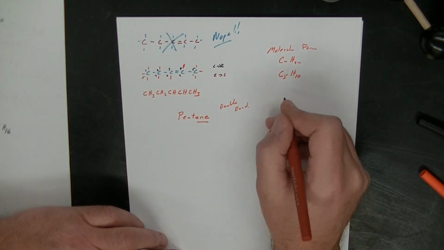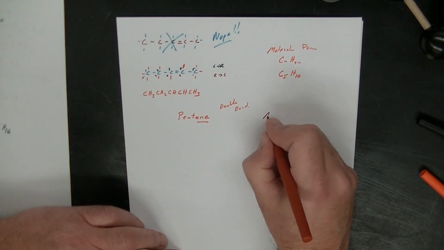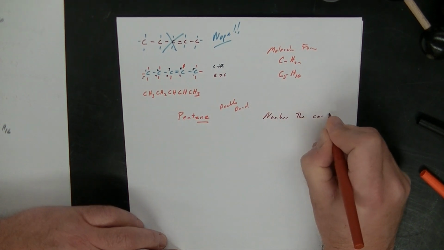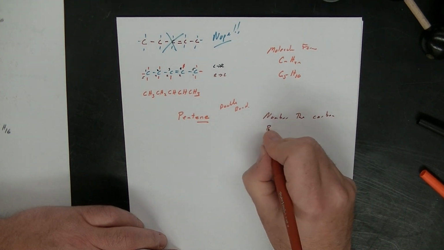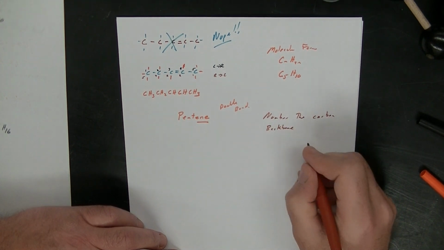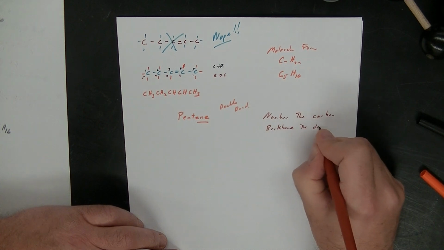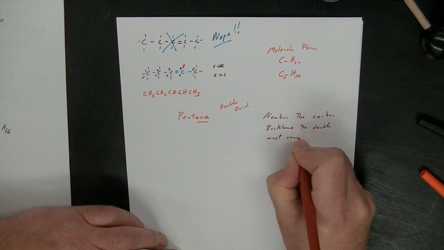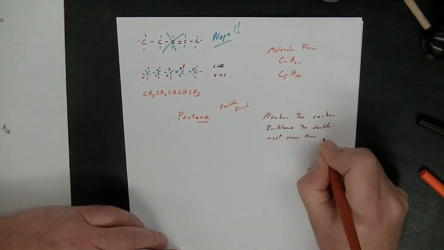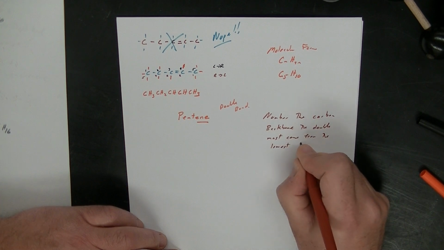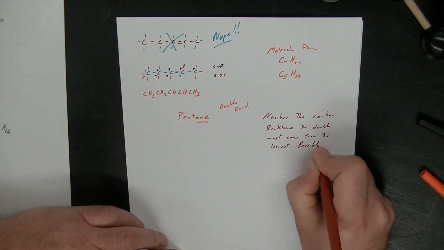To number our backbone, the double bond must come from the lowest possible carbon.